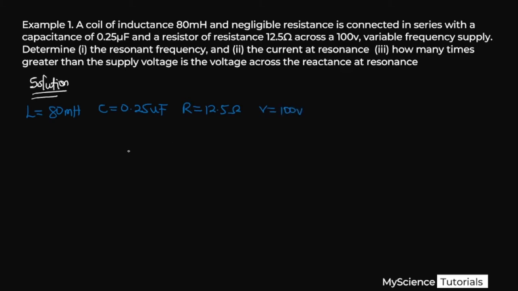The first thing we're asked to find is the resonant frequency, FR. Resonant frequency, as we saw earlier, is 1 over 2 pi the root of LC. So this is equal to 1 over 2 pi the root of 80 times 10 raised to the power minus 3, multiplied by 0.25 times 10 raised to the power negative 6.